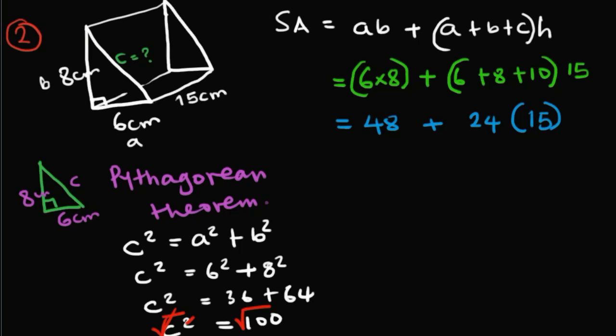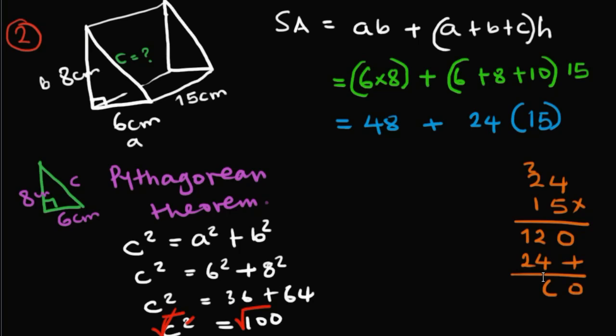Now, what do you think is 24 times 15? 5 times 4, that is 20, we carry 2. 5 times 2, that is 10 plus 2, we get 12. Now 1 times 4 is 4, and 1 times 2 is 2. We have 0, 6, and 3.